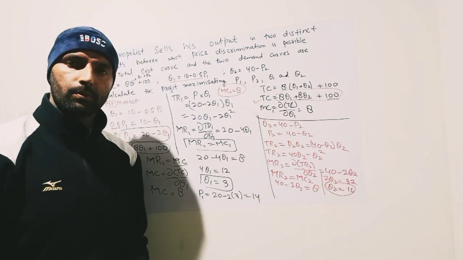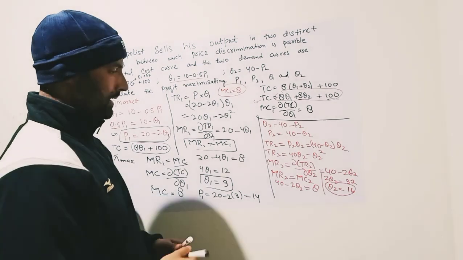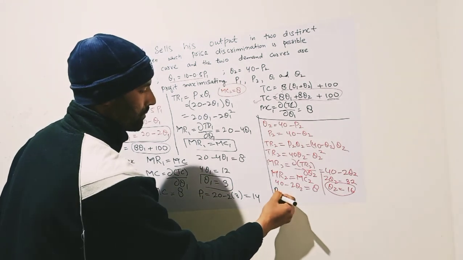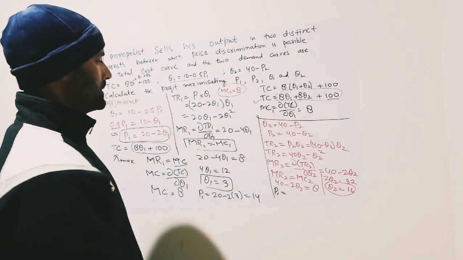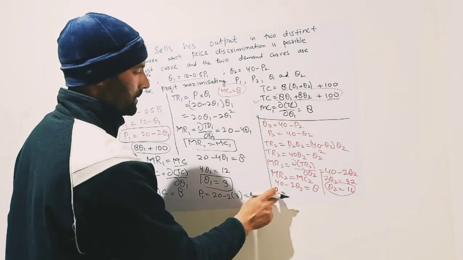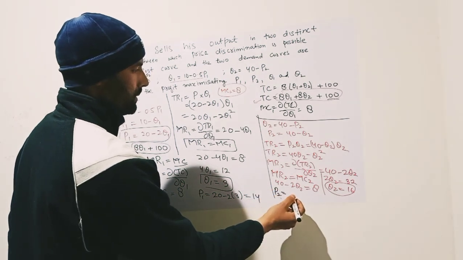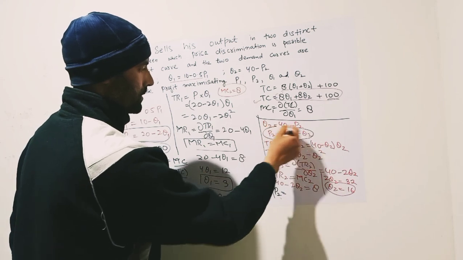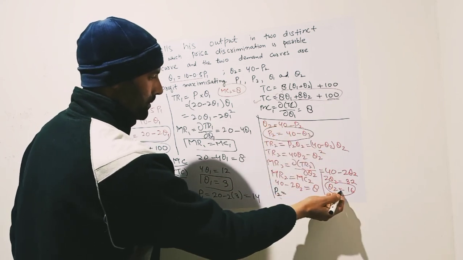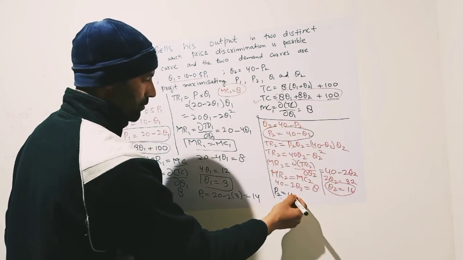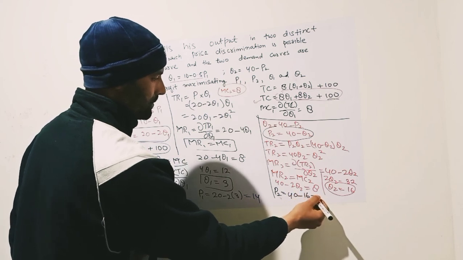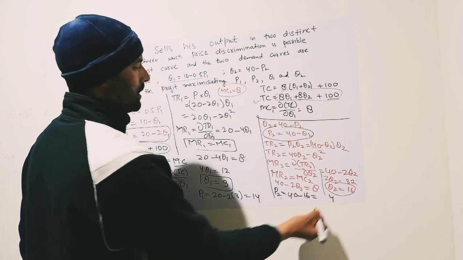So quantity produced in the second market will be 16. And what will be the price in the second market? p2 will be equal to, this is our inverse demand function, plug the value of equilibrium quantity in this function, so 40 minus 16.